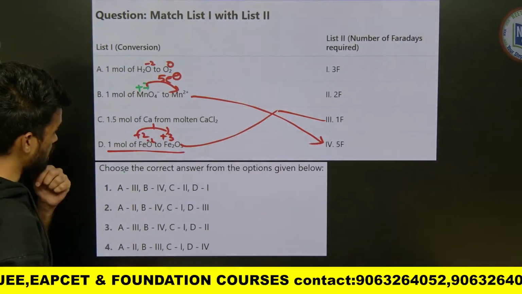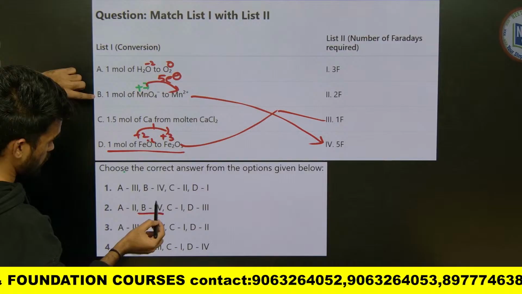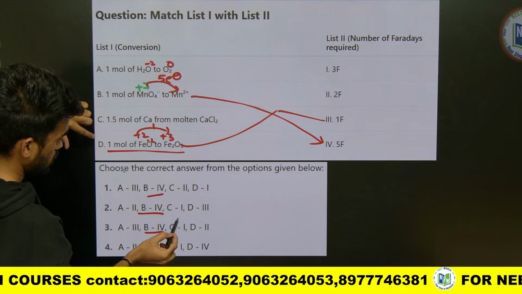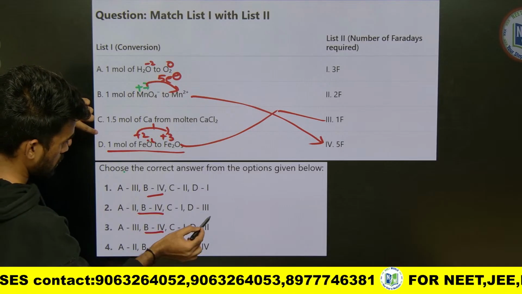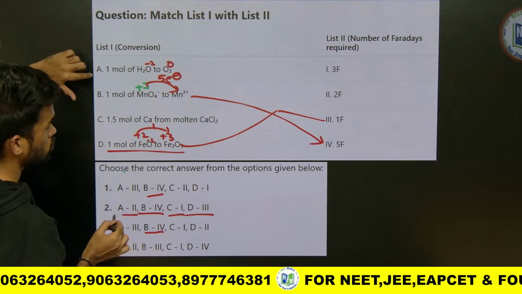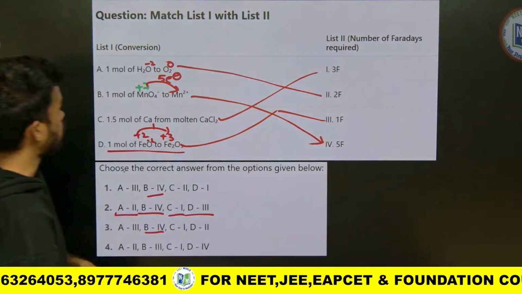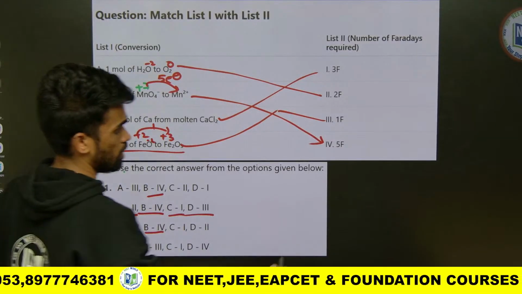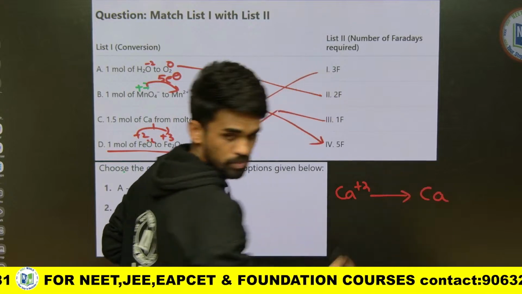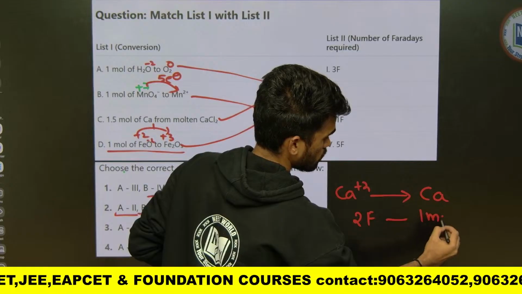So now tell me. B4, and the next D3, C1, A2. For C1, Ca2+ converting into Ca, so how many Faradays? 2 Faradays for 1 mole.